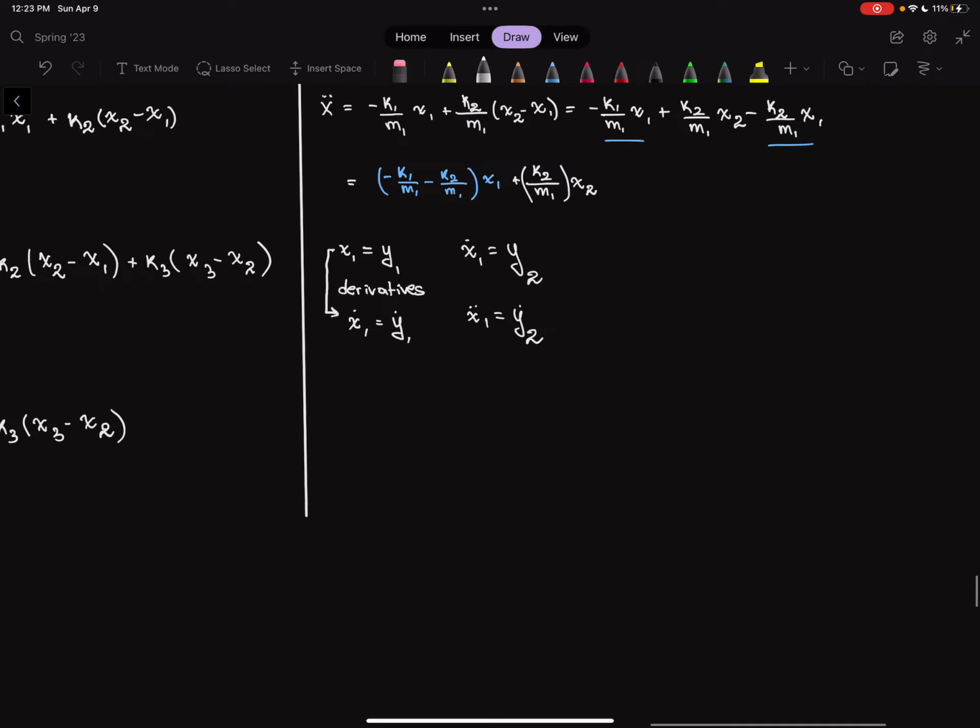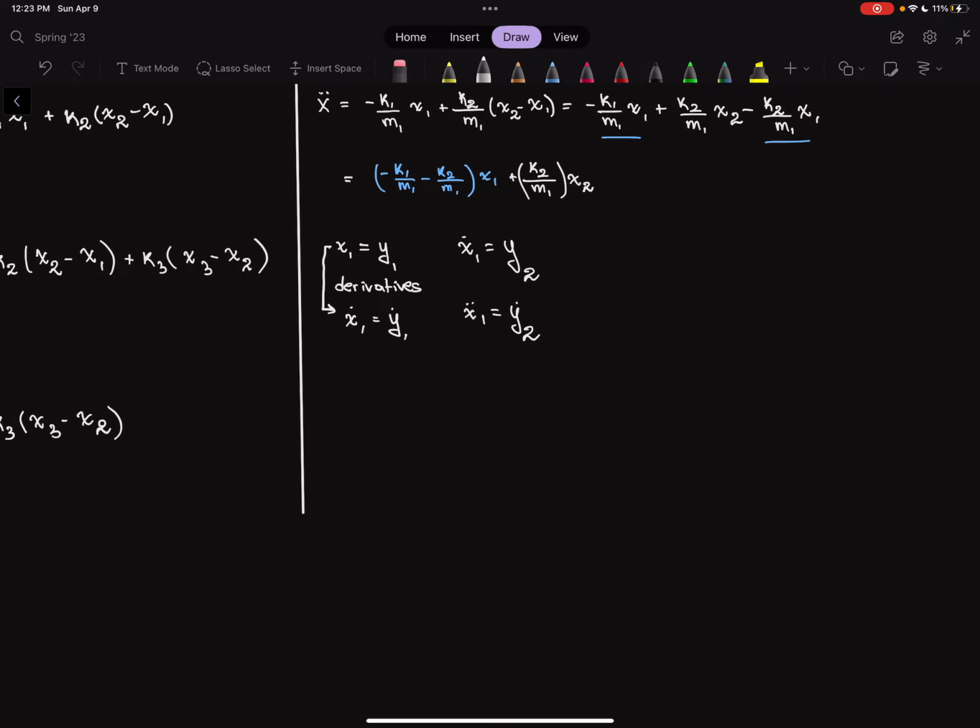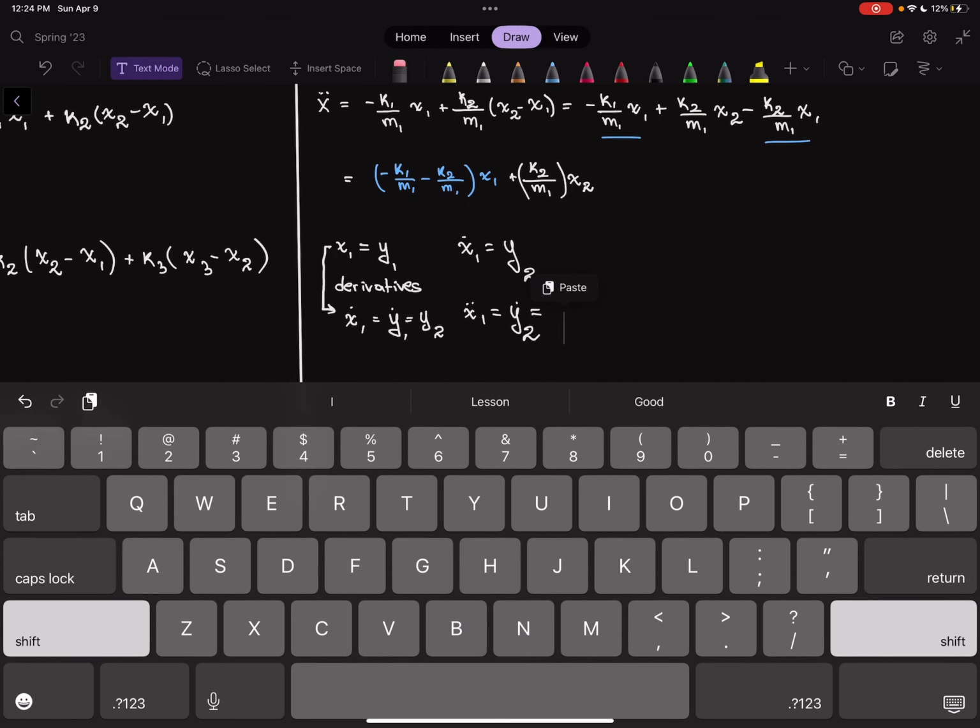And I know here that this is equal to y2, and this is equal to what I have over here. Copy, paste.